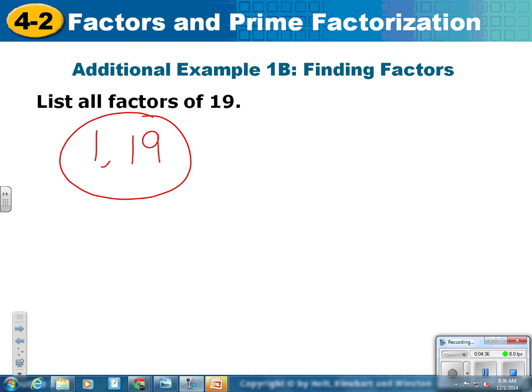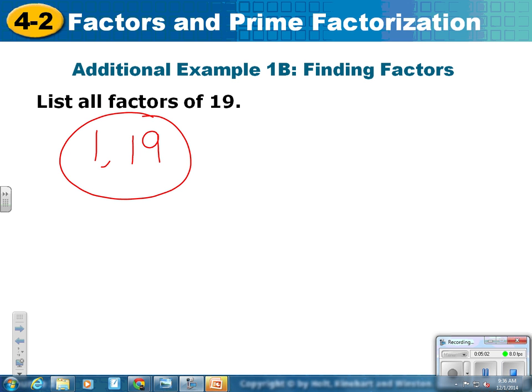What about 4? 4 is not prime. What can you multiply together to get 4 besides 1 and 4? 2 and 2. So that means 4 is definitely not prime. What about 5? 5 is prime. Can't multiply anything. What about 6?